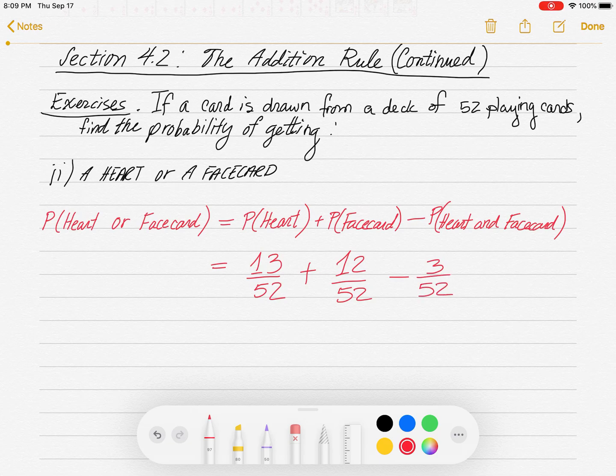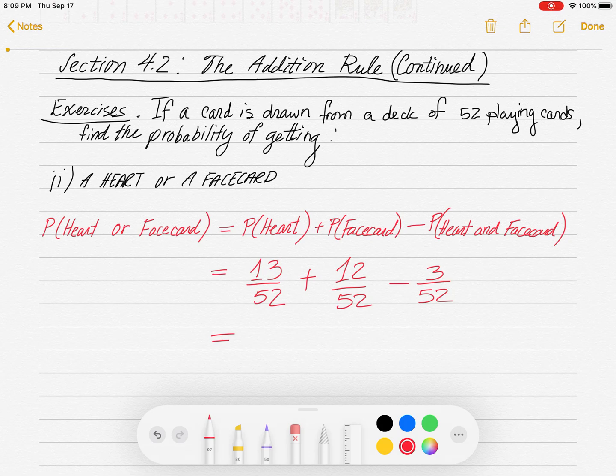Now, anytime you're adding fractions with a common denominator, you write the common denominator and take the numerators, the top numbers, and just add those and then subtract that 3 as well. So you get 13 plus 12, which is 25, minus 3.